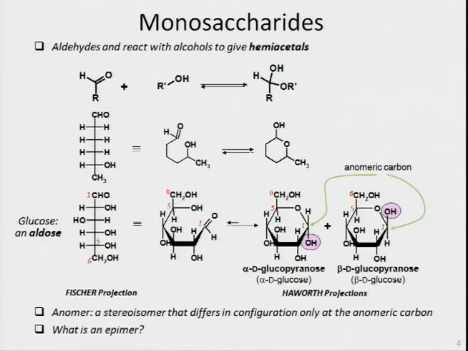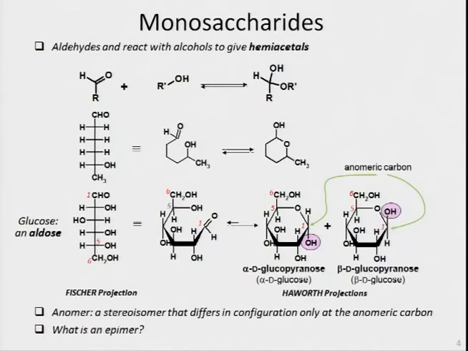Now, depending on where the hydroxy group attacks the aldehyde, either from above or from below, remember this aldehyde is drawn a little bit differently to make room for the hydroxyl group here. But in actuality, an aldehyde is very planar, right?